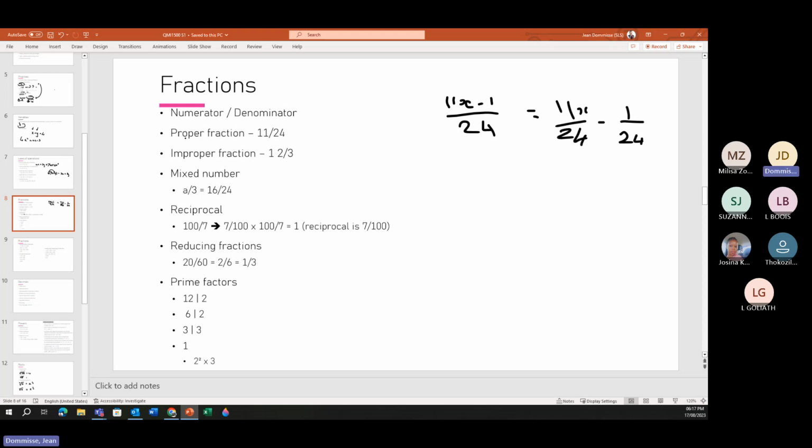In your first two assignments, there might have been questions where you have a fraction like this, and they say, write it as an improper fraction.